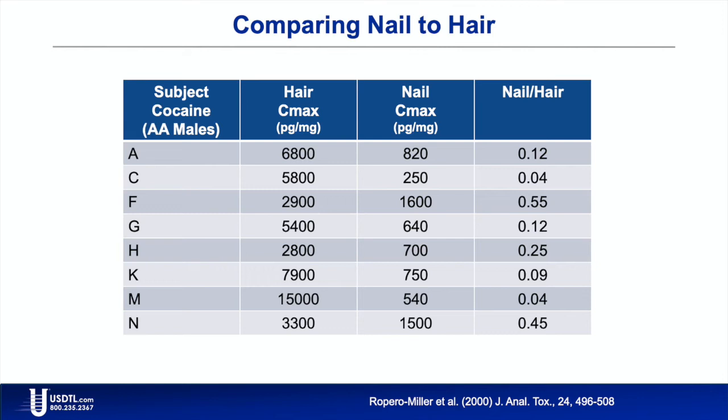Now, if you look at these at face value, you would say, oh my God, look how much lower the concentration of nail is compared to hair. There's no way that we can use the same cutoffs for hair testing. The piece that is not really discussed in the paper is the fact that these subjects were all African Americans.